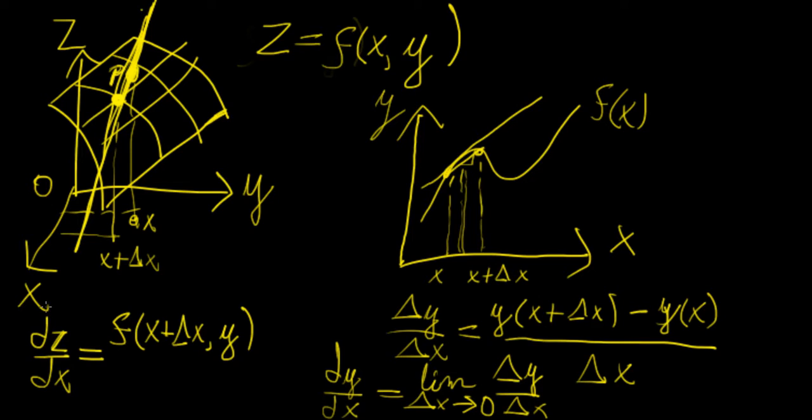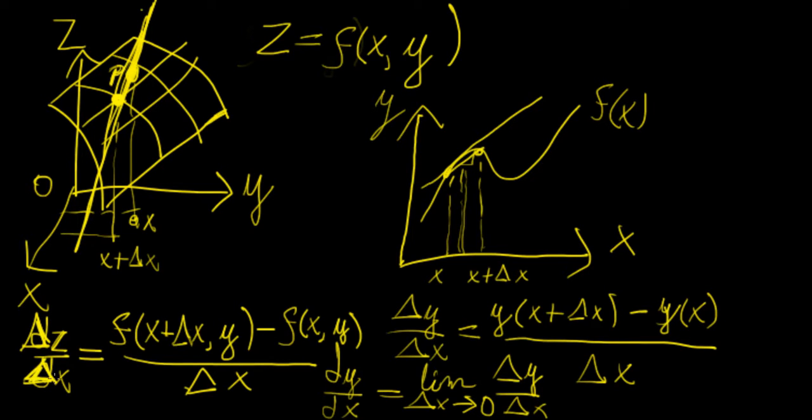This line is pointing in the x direction, so y remains unchanged, minus the original point, which is going to be x, y, over our delta x change. And remember that, well, this should actually be delta, because we're talking about finitely small quantities.